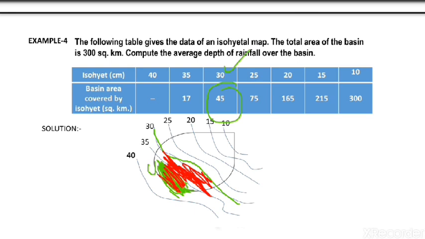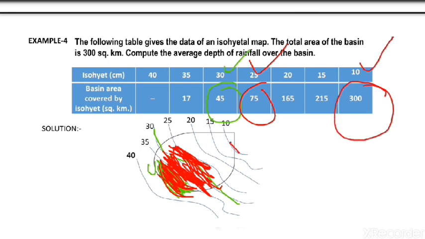That means corresponding area plus previous area. Next, after 30 up to 25, area is 75. That means from the starting of the basin up to 25, total area is 75. Okay, so up to 10, total area is 300. That means total 300 area is covered.